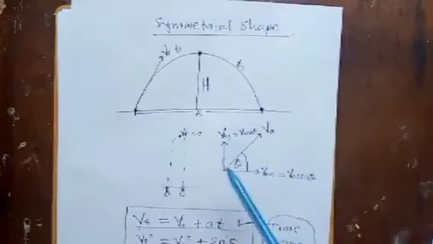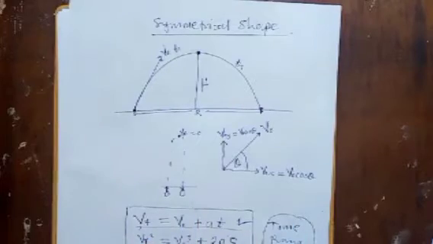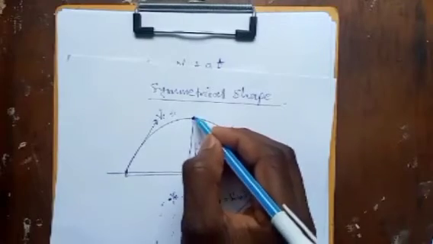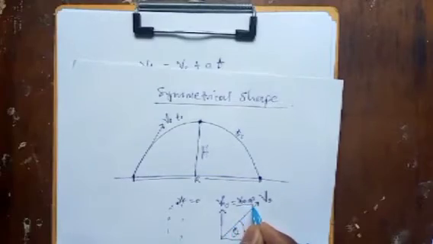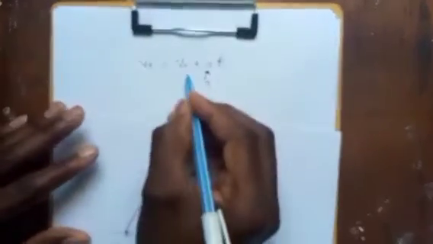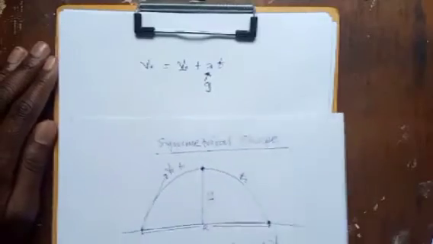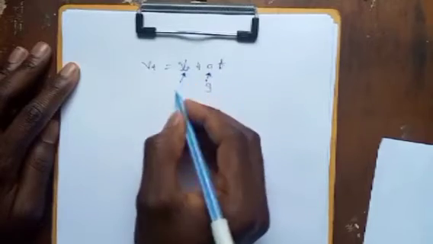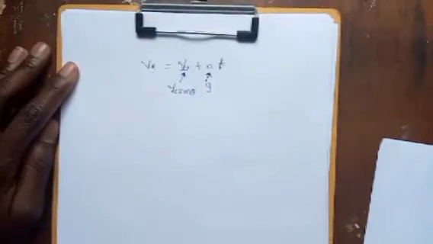And what path are we considering? Initially it is moving upwards, or rather it has been projected along the y-axis. So to find the time, since it is moving upwards and reaches this given point in the y-axis, I'll use the initial velocity in the y-axis, which is that one. This is what I'm going to replace where there is initial velocity, so where there is this, you have to put the initial velocity in y. That is going to be v initial sine theta, because the object is initially moving upwards.